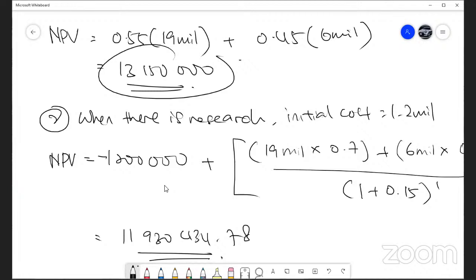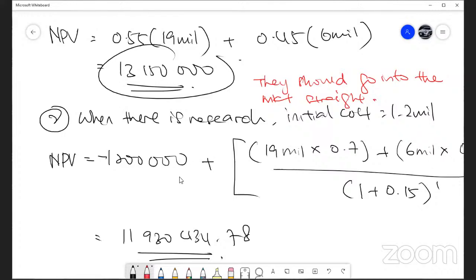They should just go into the market straight. No need to do research. Full stop. No need to waste time doing research, delaying 1 year, getting a lesser NPV, and then investing 1.2 million. Going to the market straight will be much more profitable.